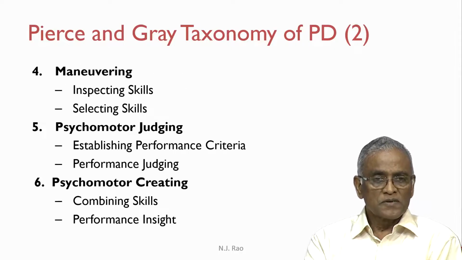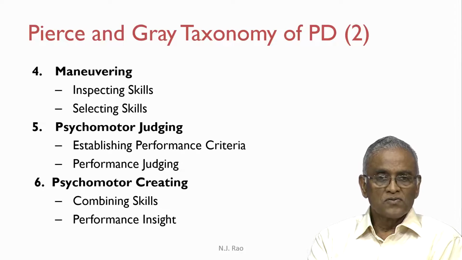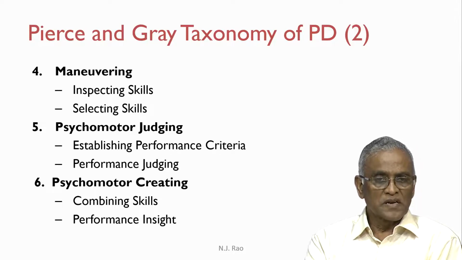Then you maneuver, that is, you inspect your own skill and select your skills, and then you set some performance criteria, and then you judge your own performance. You are able to judge your own performance.